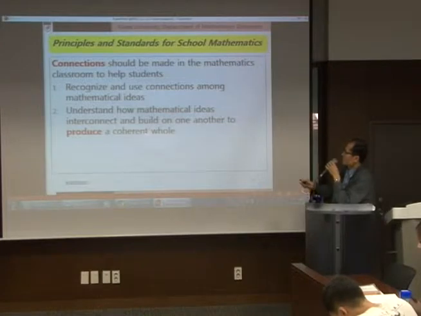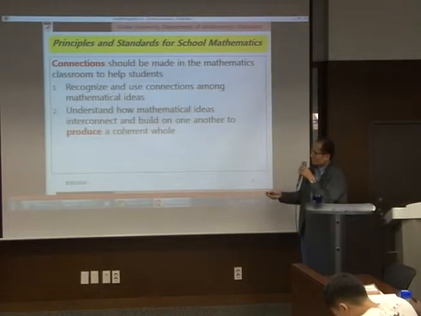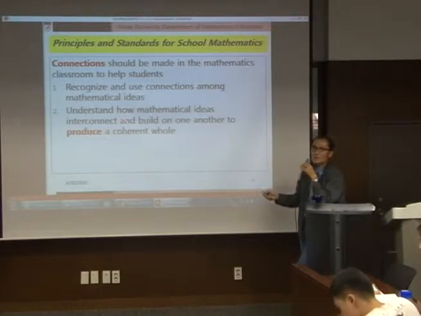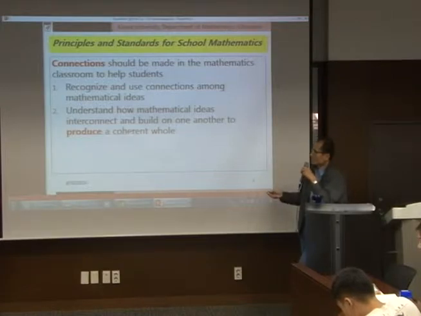Another thing, to understand how mathematical ideas interconnect and build on one another to produce a coherent whole. One important thing, this is not 'or', right? This is 'and'. Do you understand the meaning of 'and' in English? That means it should produce a coherent whole.